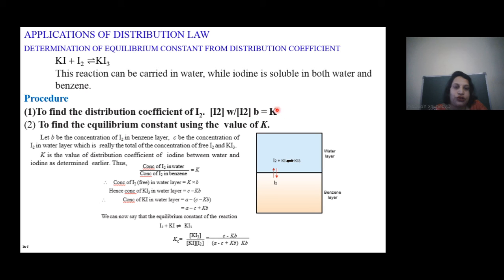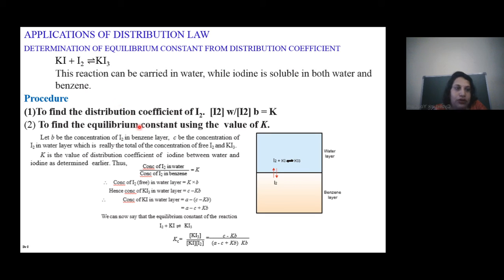That is the distribution coefficient. In the second year, you have to perform this practical. First, you determine the distribution constant, and then by the use of this distribution constant, you find out the value of this equilibrium constant.